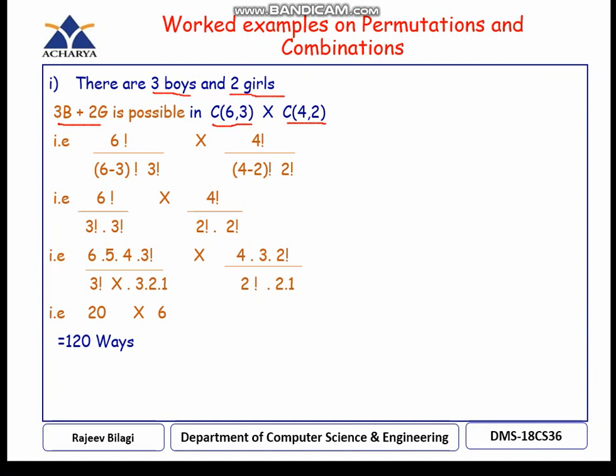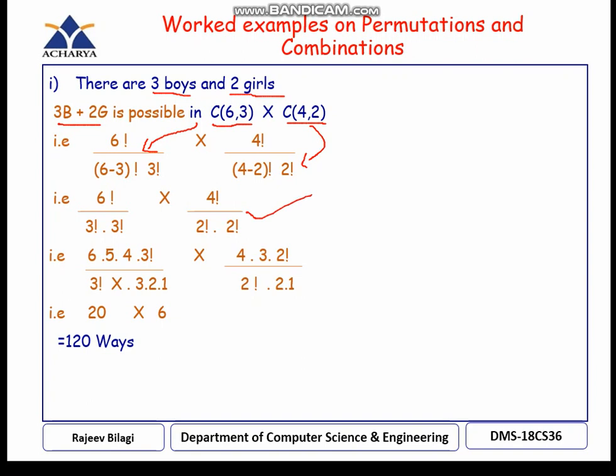Now this 6c3 is 6 factorial divided by (6 minus 3) factorial into 3 factorial, and 4c2 is 4 factorial divided by (4 minus 2) factorial into 2 factorial. So which is equal to 6 factorial divided by 3 factorial into 3 factorial, into 4 factorial divided by 2 factorial into 2 factorial.